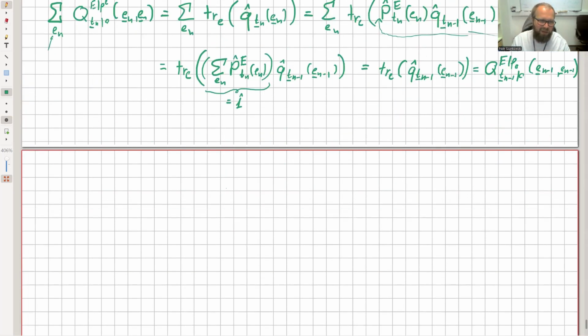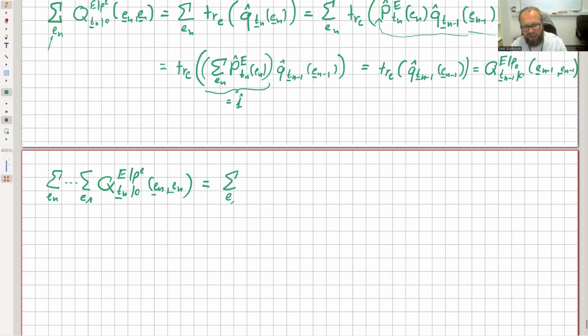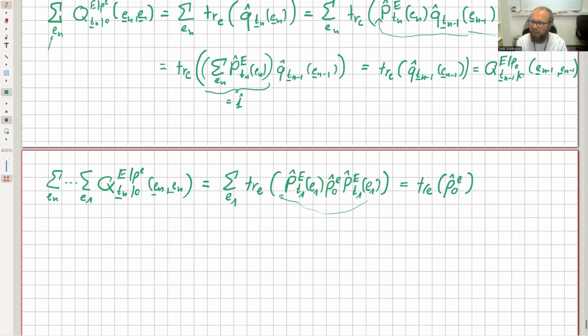So if you iterate over all the time steps, we will eventually get to E1, trace over E1, rho 0 E. We shorten it to the very last projector, use the cyclic property, move it here, compact them, sum over E, and we will eventually get to the trace of the initial density matrix in the middle, and this is 1.